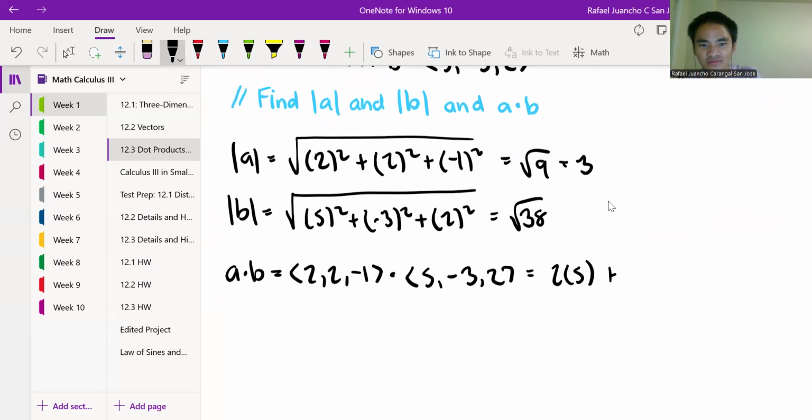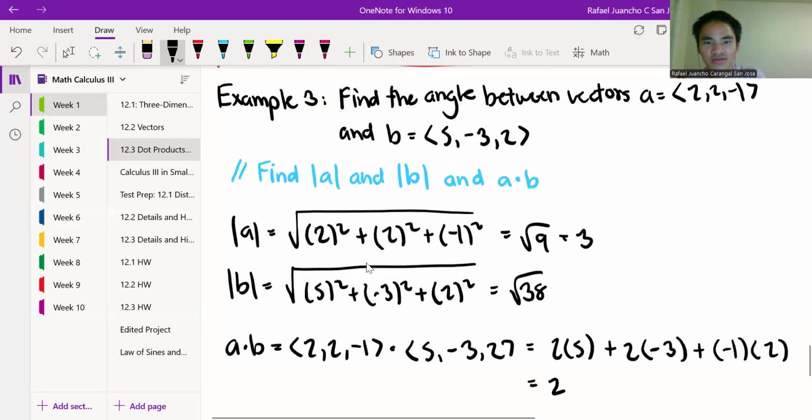So 2 times 5 plus 2 times negative 3 plus negative 1 times 2. We get 10 minus 6 minus 2. So that's 2, right?